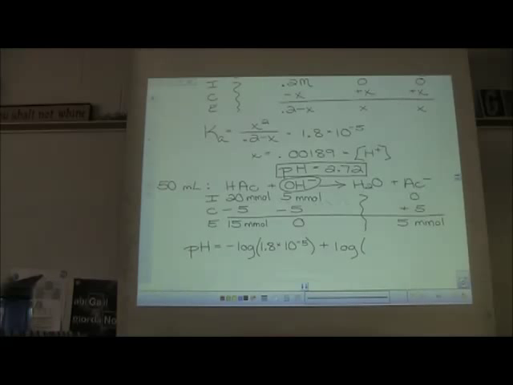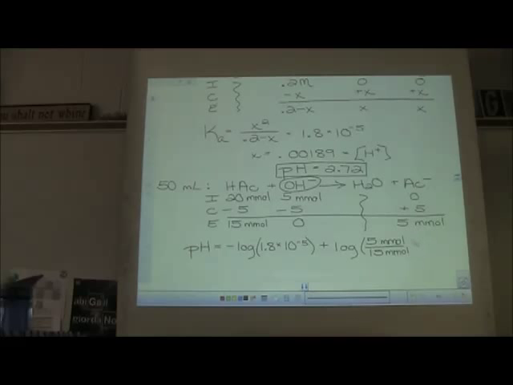Please tell me which one of these things, HAc or Ac minus, is my base. And the acid is? Yeah, acetic acid.